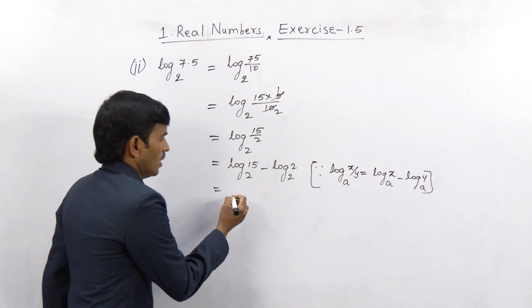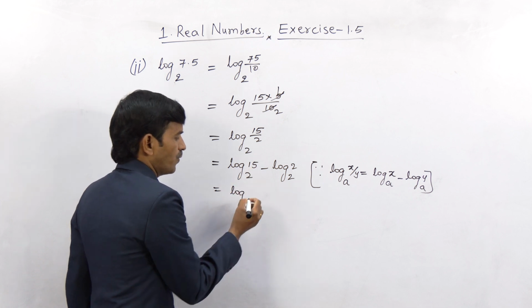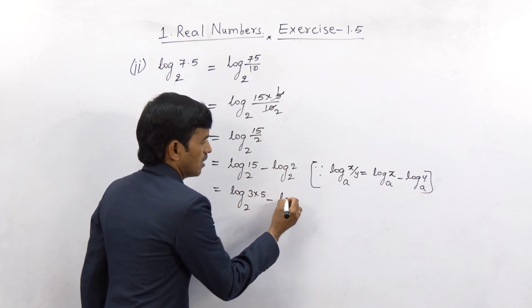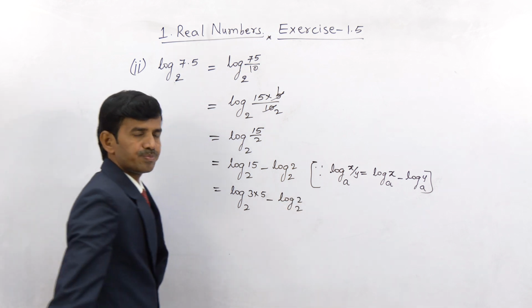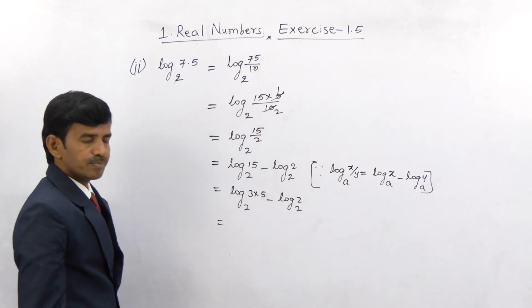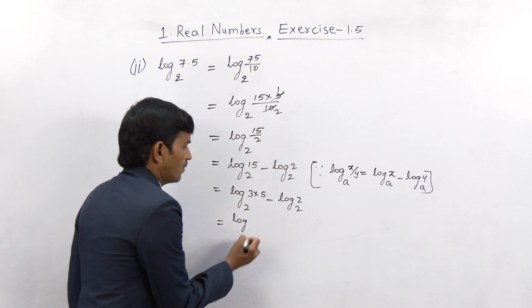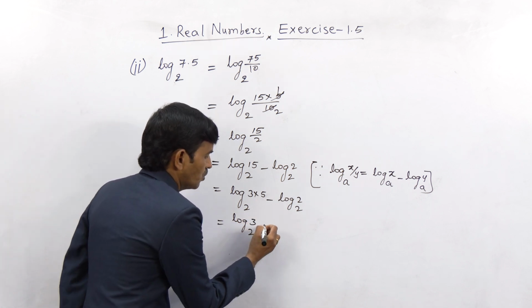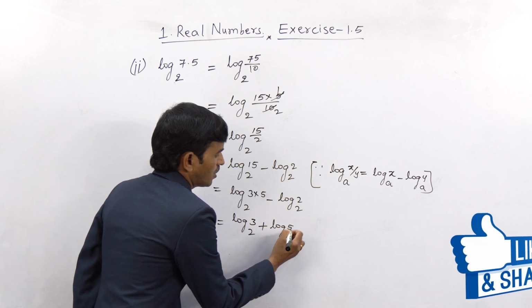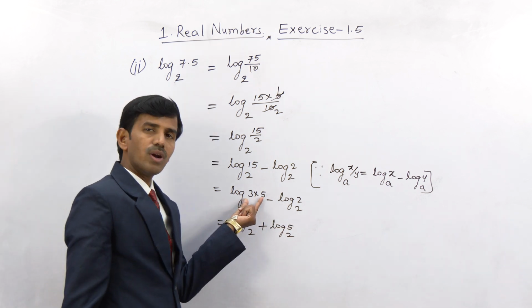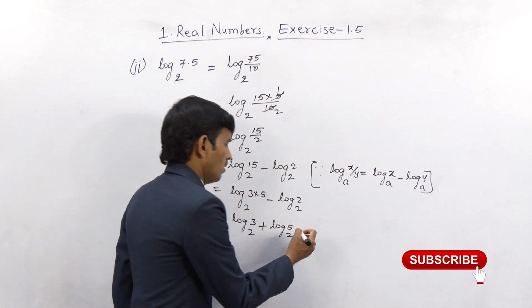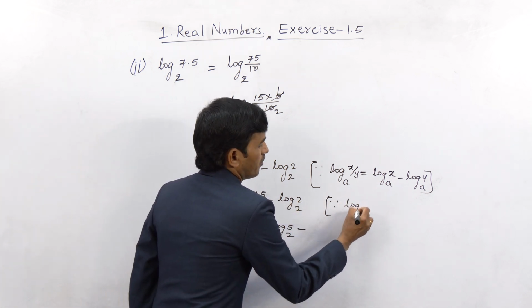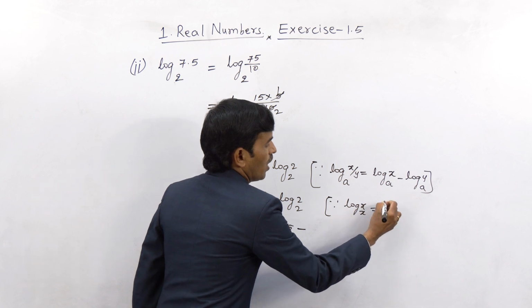Now it can be written as log 15, which is 3 into 5, to the base 2 minus log 2 to the base 2. So we can split it. Log of 3 into 5 can be written as log 3 to the base 2 plus log 5 to the base 2 as per the product rule of logarithms. Minus, log x to the base x is equal to 1.